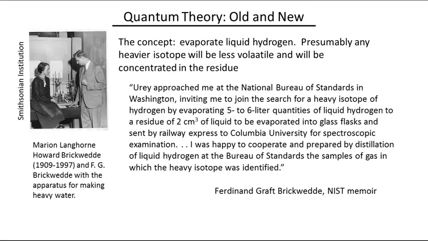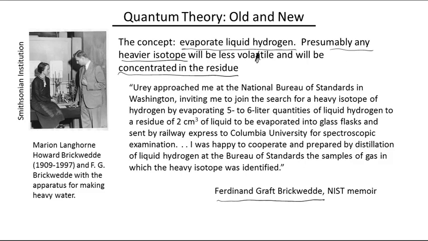He had the idea of taking large quantities of liquid hydrogen, cryogenic fluid, evaporating the liquid, and in the process of evaporation, presumably the lighter isotope will evaporate more rapidly, and so the heavier isotope will be concentrated in the residue.